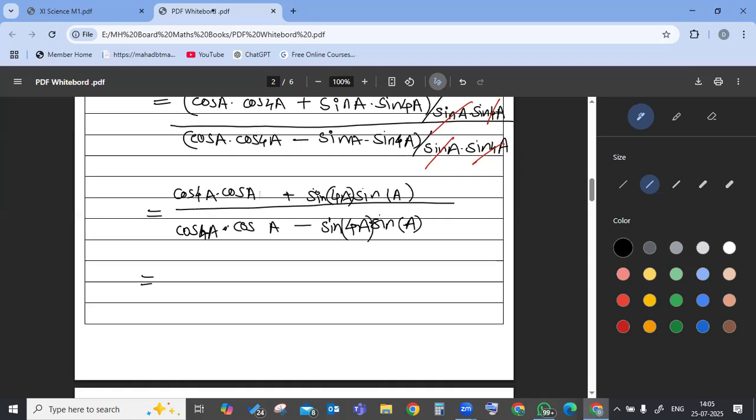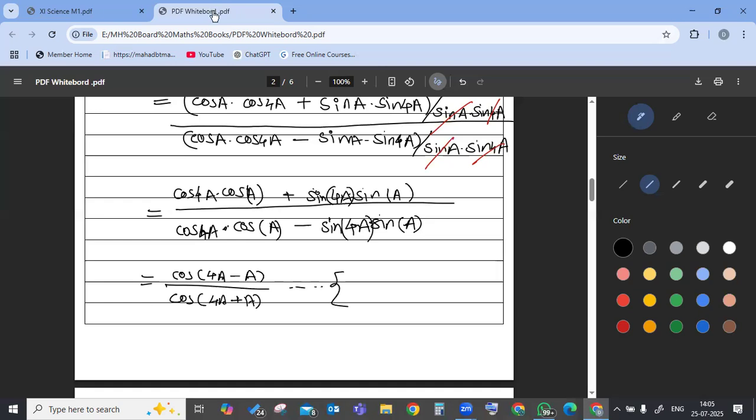Then this is looking like what? Cos a cos b plus sin a sin b. It is nothing but cos a minus b. Right? And in the denominator it is cos a cos b minus sin a sin b. It is nothing but cos a plus b.